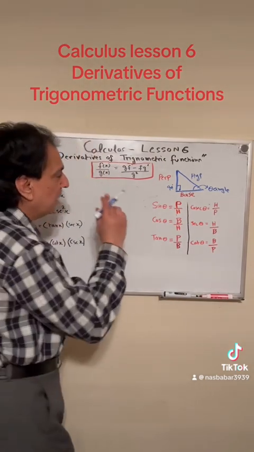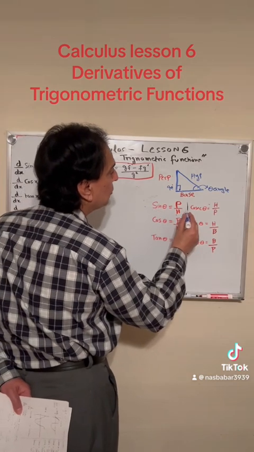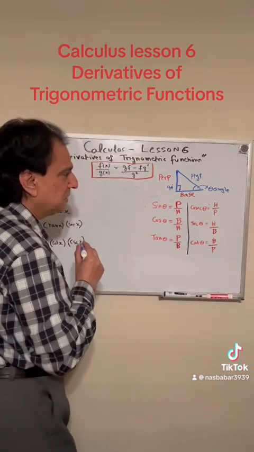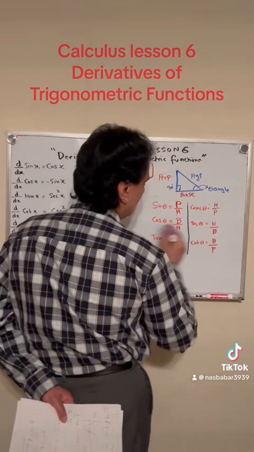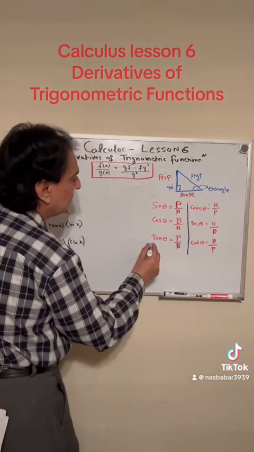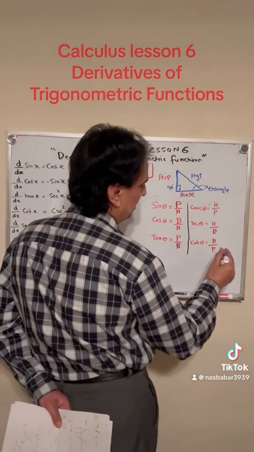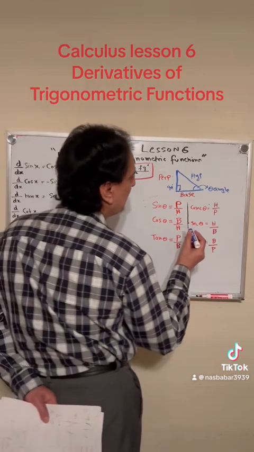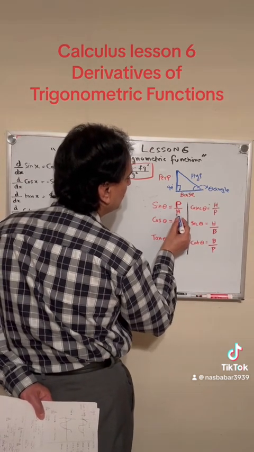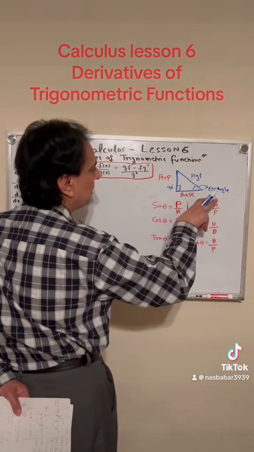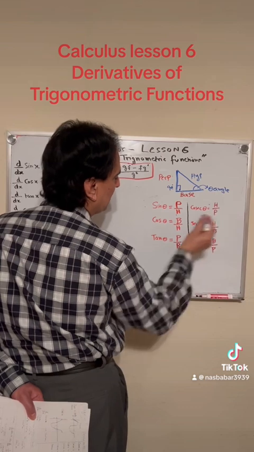Now, the opposite of sine is cosecant. The opposite of cosine is secant. The opposite of tan is cotangent. If you look in here, sine has perpendicular over hypotenuse, and cosecant, its opposite, has hypotenuse over perpendicular.